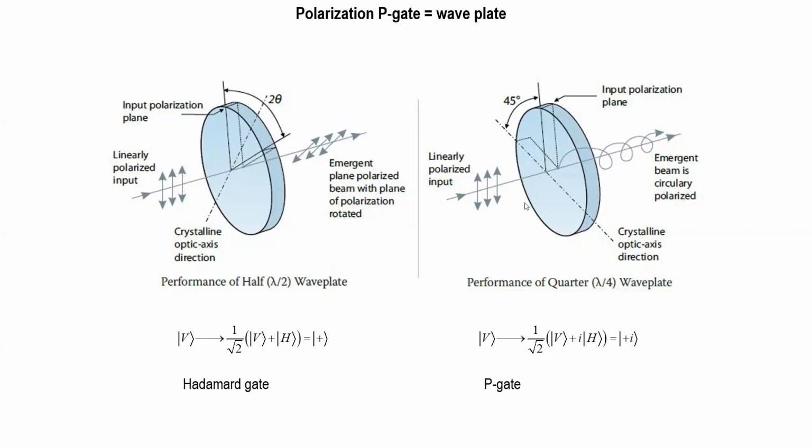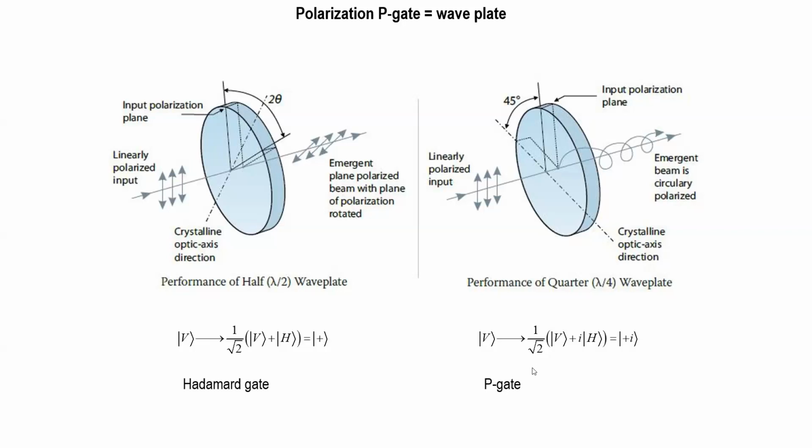Physically, this is circularly polarized light, a light with the polarization axis that rotates around the propagation direction of the light.